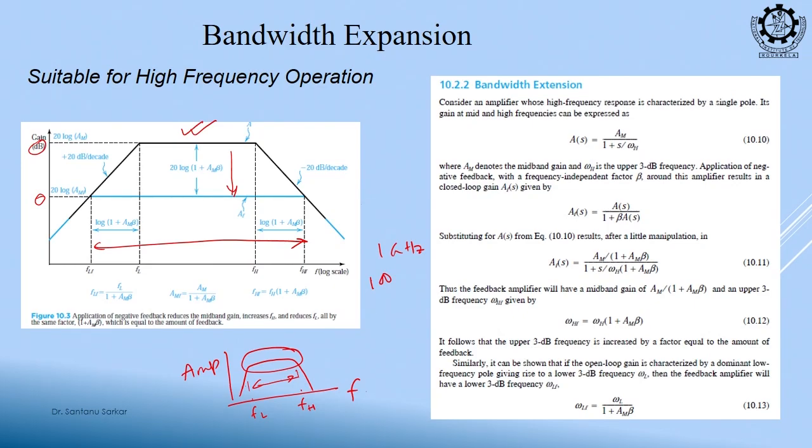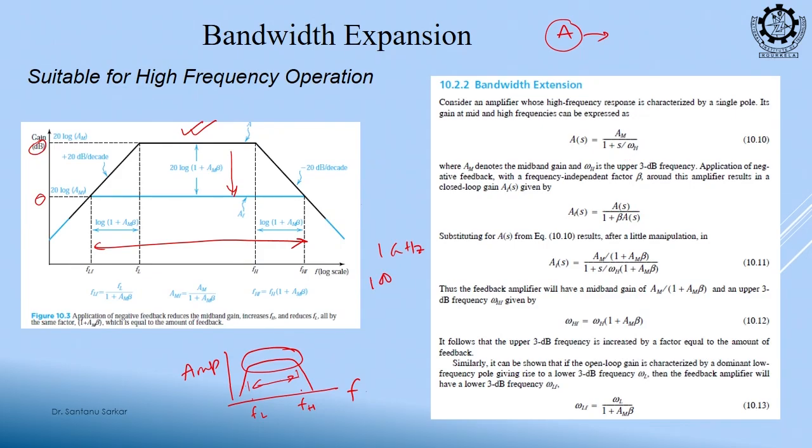So, how to prove that? Instead of just A, you write A by 1 plus S tau. This A that was constant, previously the gain was constant, we were taking it with no frequency element. But in that A we now put some frequency element inside. How to do that? A first order equation, A by 1 plus j omega RC.